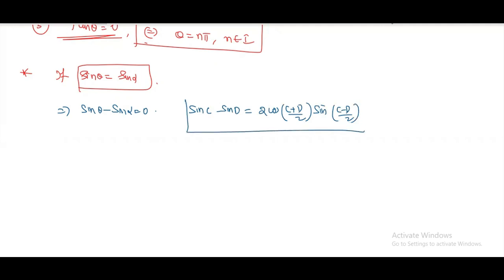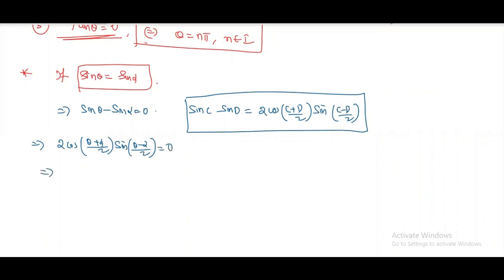We will use this formula to find sin theta minus sin alpha. According to this, 2 cos of (theta plus alpha) by 2 sin of (theta minus alpha) by 2 is equal to 0. So we can take cos of (theta plus alpha) by 2 is equal to 0, or sin of (theta minus alpha) by 2 is equal to 0. If any one of these trigonometric functions is 0, the product will be 0, or both can be 0.